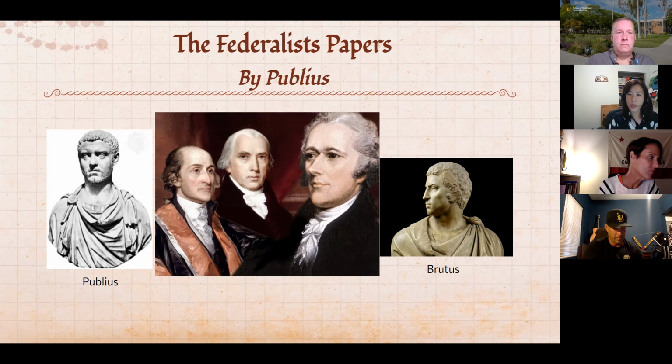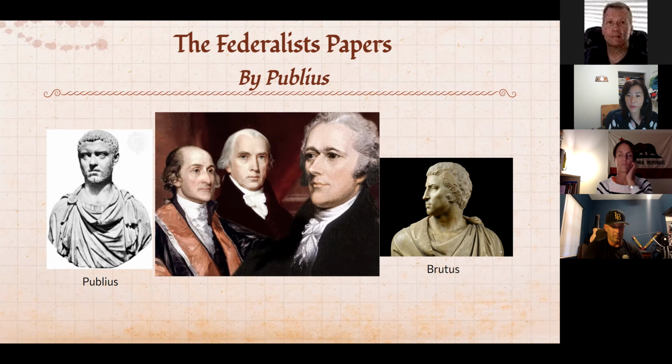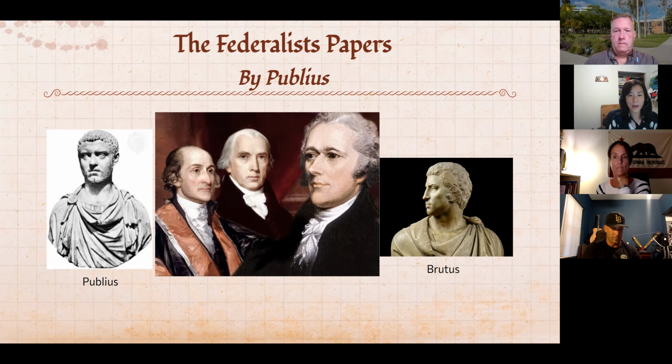This is also in comparison to Brutus, which we see as the pen name for some of the significant anti-Federalist papers. Brutus played a significant role in the assassination of Julius Caesar to keep him from corrupting the Republic, ending the Republic and turning it into an empire. So that's just some fun fact for the pen names Publius and Brutus.